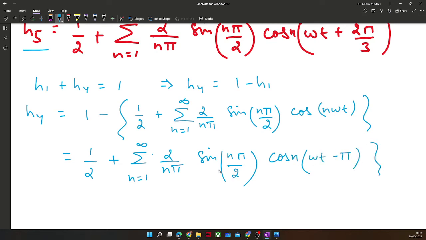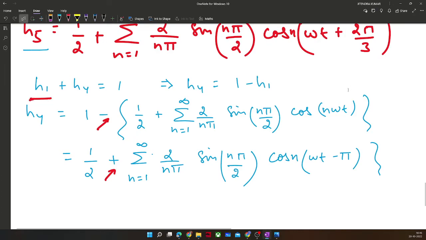This minus pi is coming due to this negative sign. We just wanted to convert this negative sign to a positive sign, in a very simple positive form. So we used a trigonometric identity, and this will be the expression. It will be shifted by pi from H1, right?